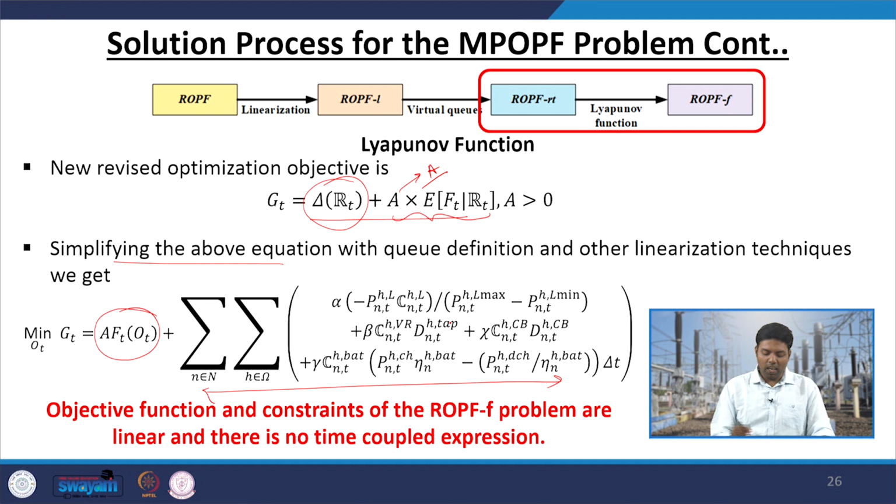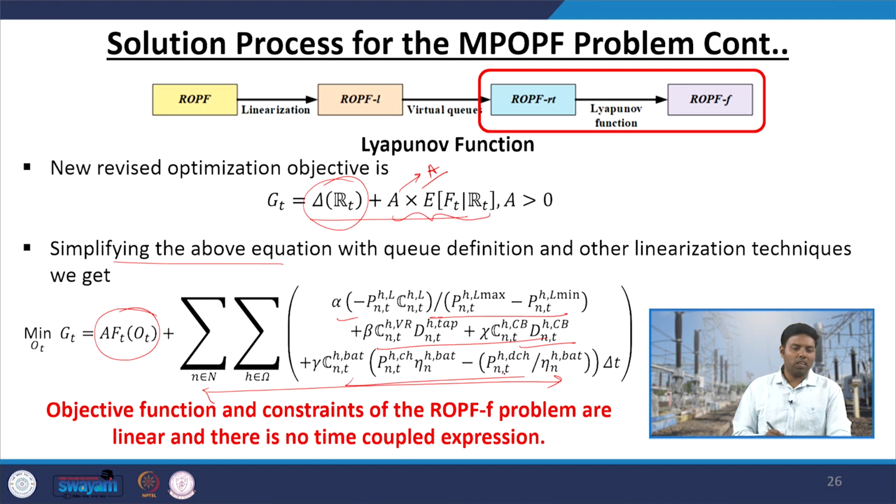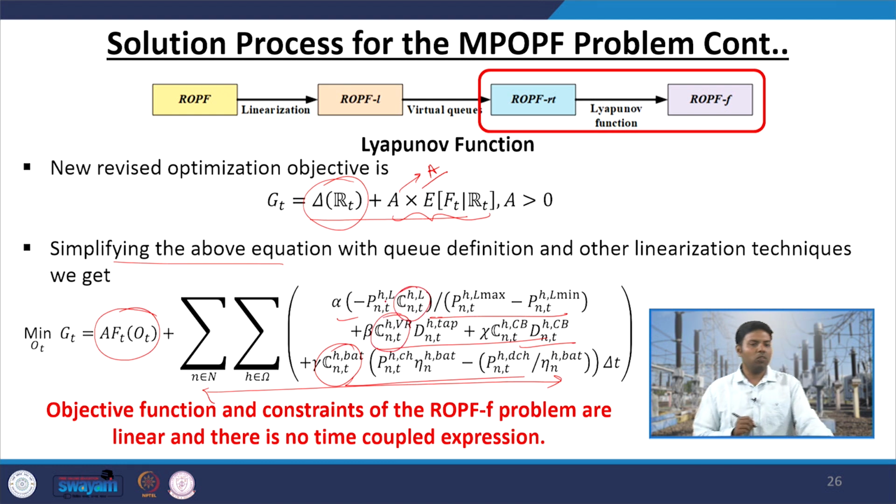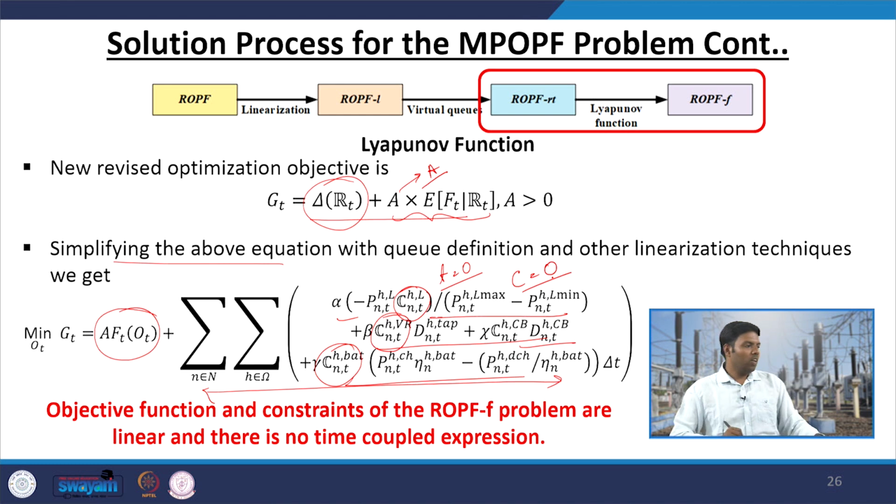You can see here we considered a penalty for the load shedding, a penalty for the tap changing operation, a penalty with the Q for capacitor bank switching, and also for the battery operation, and they are all with their corresponding Q value. So at the time started when t equals 0, we know at that time C also equals 0. So when the time started, at that time your total penalty is 0.